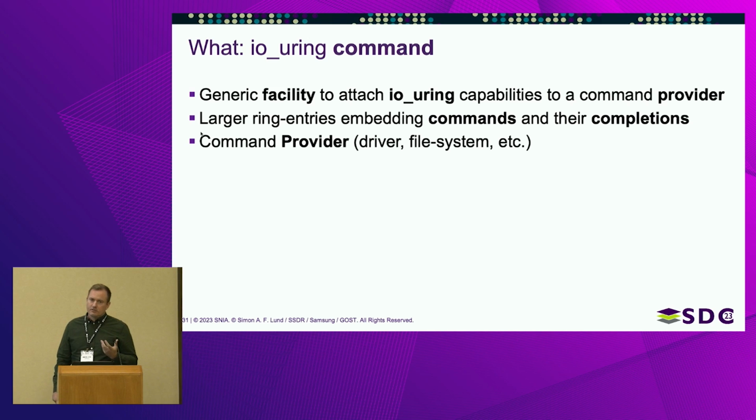One requirement I should mention is that larger ring entries allow you to embed commands. So this fits very well with NVMe, where the io_uring submission queue entries and completion queue entries could map directly to the NVMe submission queue and completion queue entries.